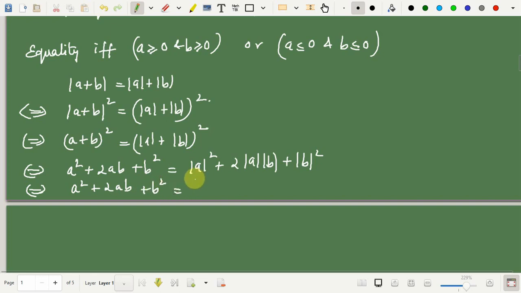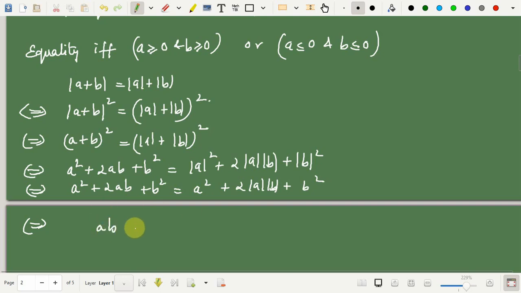Again, I am using that property repeatedly. This would be the same as A square plus 2 into mod of A mod of B plus B square, right. And so, A square gets cancelled, B square gets cancelled, 2 gets cancelled. So, you have AB is equal to mod of A into mod of B, that is the same as mod of AB.